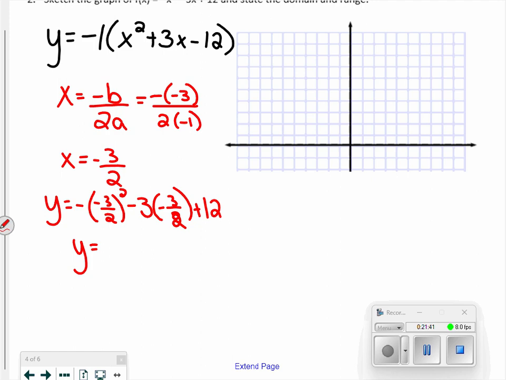Minus 3 times negative 3 over 2, that's an ugly 2, plus 12. Don't even know what it will be. Three over 2 plus what? 18? Anyone else get 18? Okay.